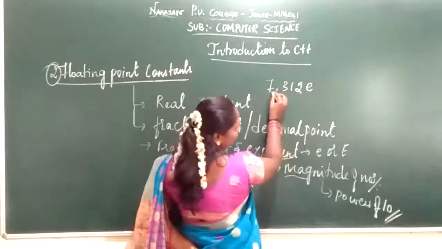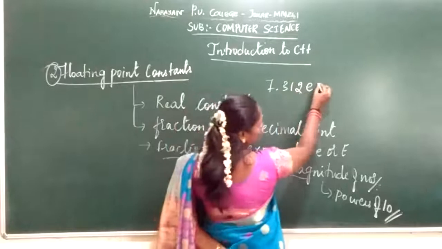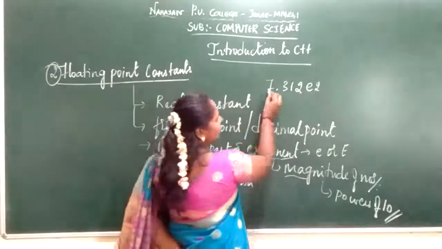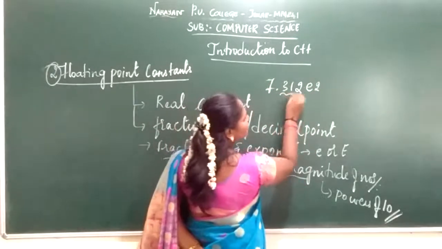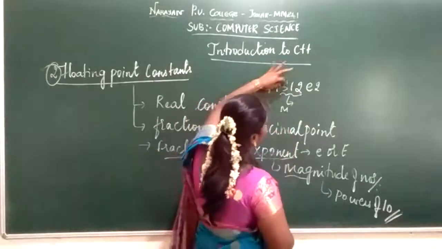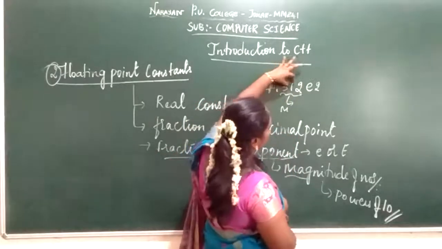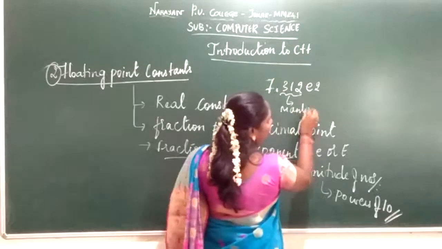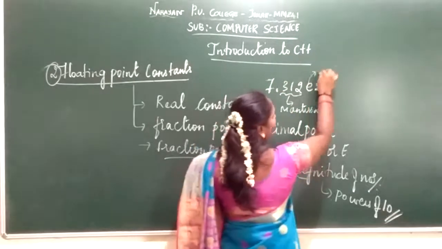If I represent 7.312 exponent 2, then 7 is your integer part, and 312 is your mantissa. Mantissa is the number of digits after the decimal point, and E is your exponent.